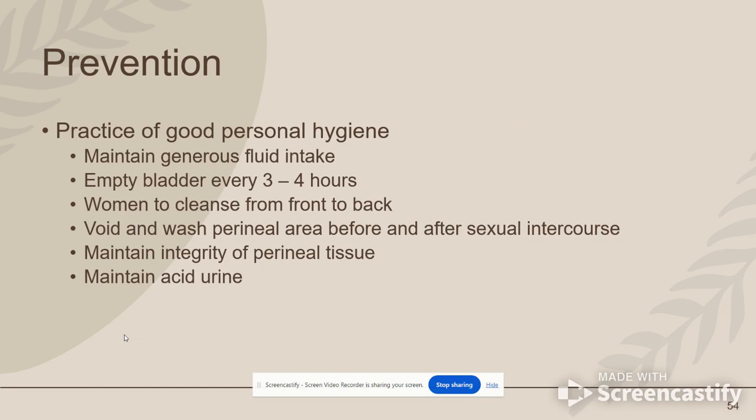Fluid intake should be about 2 to 2.5 liters a day. So we need to make sure to drink cranberry juice, avoid vitamin C, avoid excess milk products, sodium bicarb, things like that, that can help make the urine more alkaline.